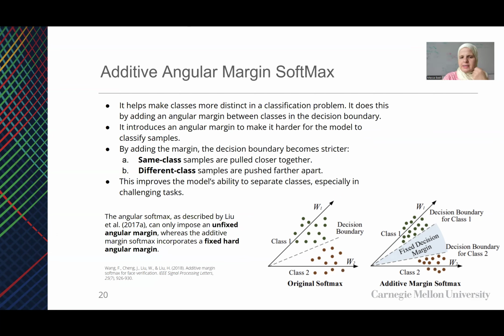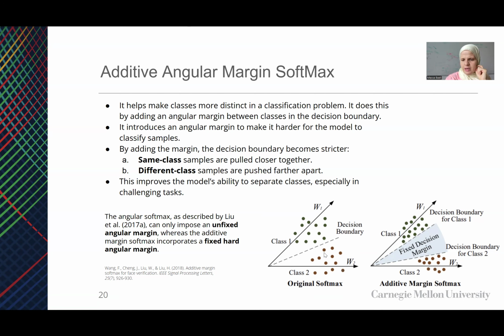And then the second type is the additive angular margin softmax, which helps make the classes more distinct in a classification problem because it does this by adding an angular margin between classes in the decision boundary. So it introduces an angular margin to make it harder for the model to classify samples. So as you can see here, for example, this is the original softmax.